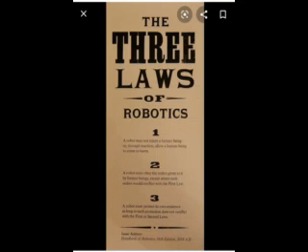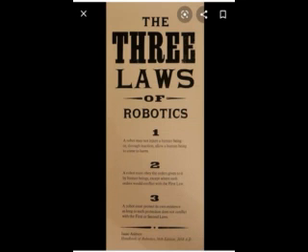It comprises three laws. First, a robot may not injure a human being or, through inaction, allow a human being to come to harm. A robot cannot injure a human being.